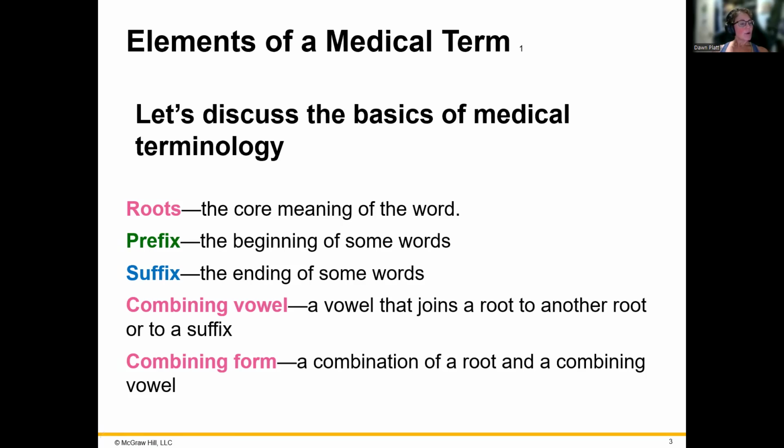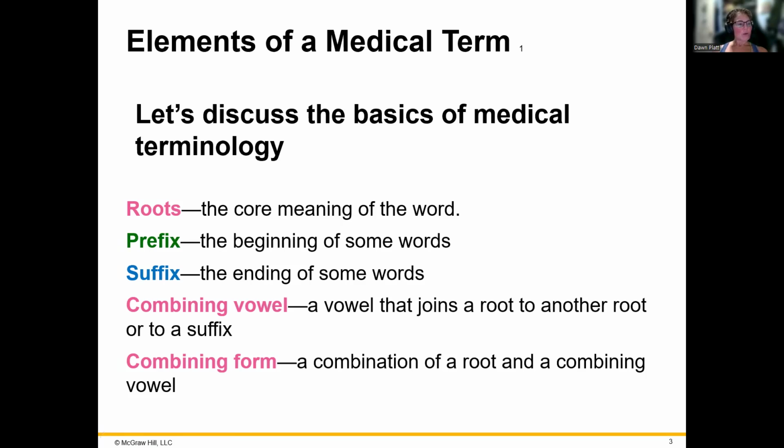So in your book on page 10, you will see combining forms. You will see the example of pneum, P-N-E-U-M with a dash. That's a root word. That means lung or air. The combining vowel is an O. So when you combine pneum, P-N-E-U-M, with an O at the end of that, that forms the combining form.